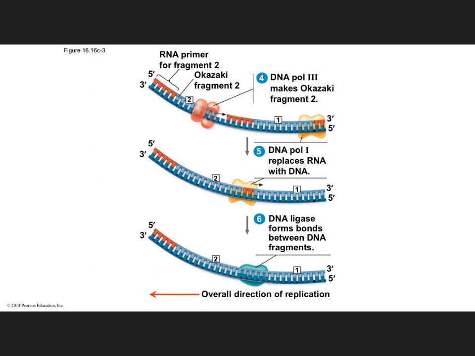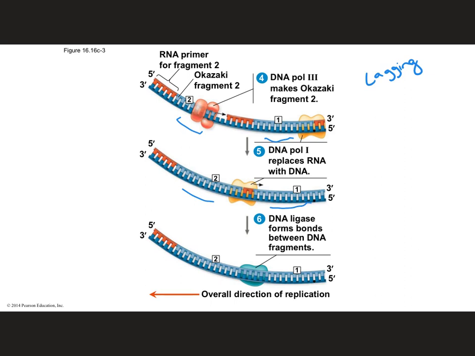The next thing that has to happen is we need to get rid of the Okazaki fragments. Remember, on the lagging strand, there's going to be those Okazaki fragments made because the replication fork can only open so much. And so there's going to be fragments made within that portion of the DNA, which is why it's called the lagging strand.